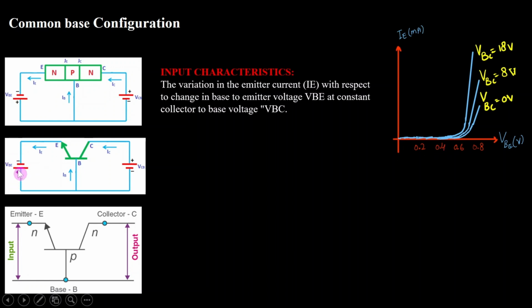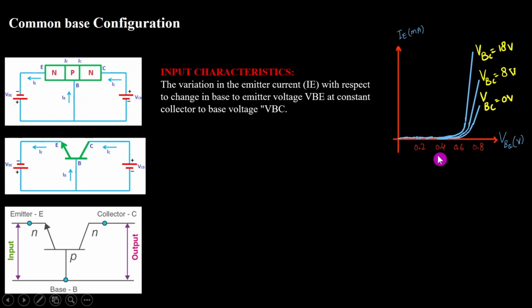If we change VBE, IE will change. This is the graph for that, with VCB as a constant, and this graph is called the input characteristics.